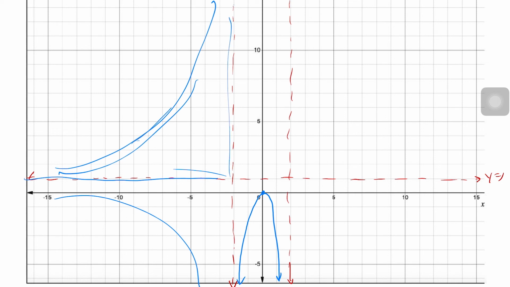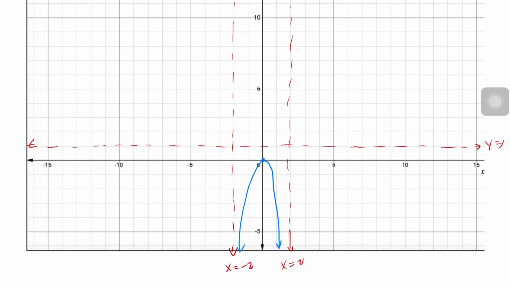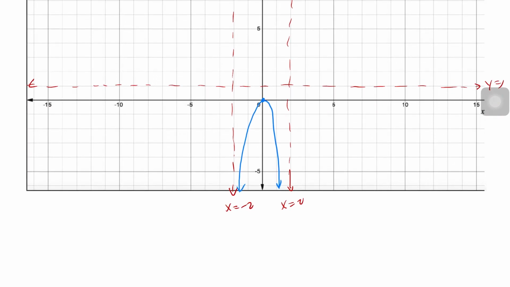Remember that these asymptotes pull the graph in that direction, and this one is going to pull the graph in this direction. It's going to approach it. So we just need to figure out whether it's going to be on the top or on the bottom. The function is going to be close to that asymptote and close to this asymptote, or close to this asymptote and close to this one.